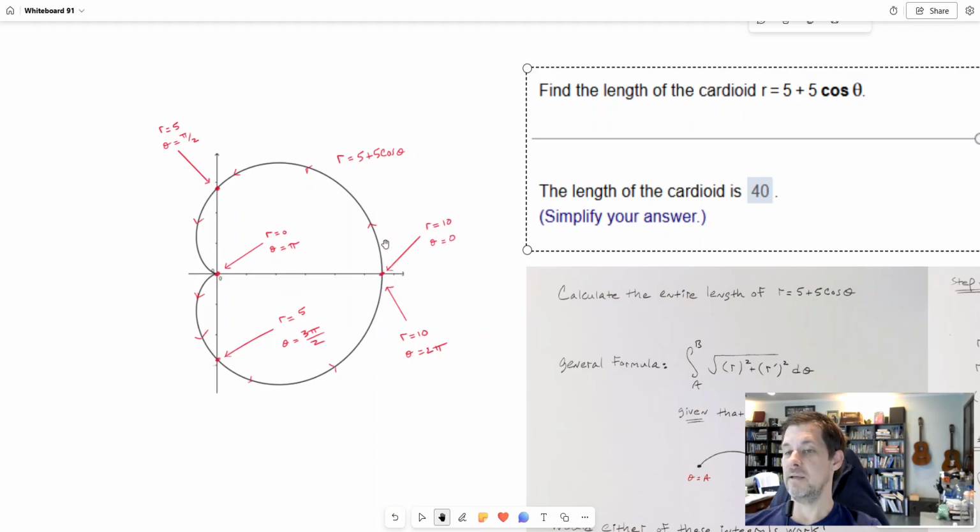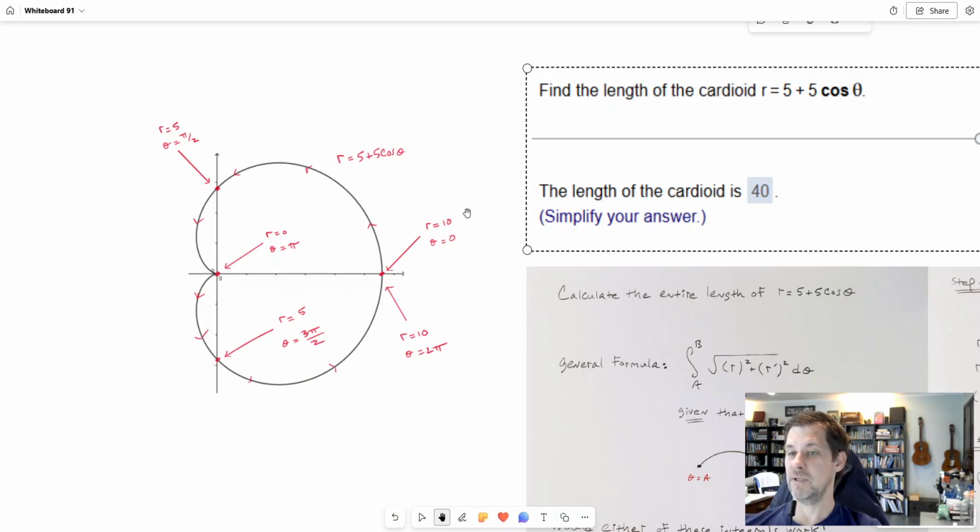As theta increases to 90 degrees, or pi over 2, the curve closes in on this point right there where r is 5. But then as theta swings from pi over 2 to pi, the curve closes back in on 0 right there. And to go from 0 for theta to pi, I've traced half of that curve.